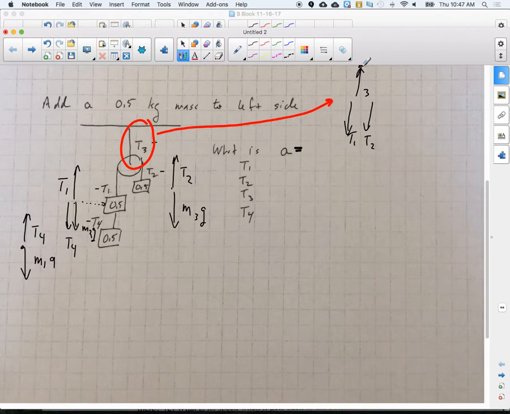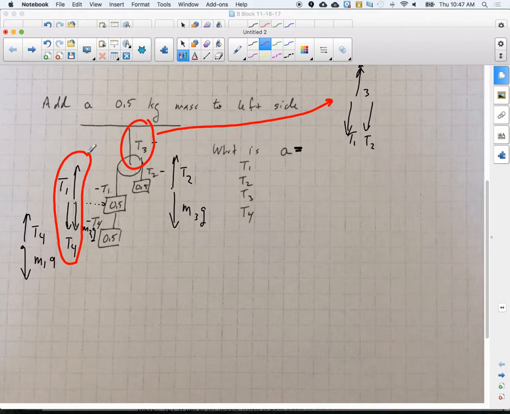One mind, the half step. Yep. Question. Sure. Does T1 include the force of T4? So this is just a free body diagram, right? To answer your question, I'm going to use everything in here to write my Newton's second law equation for that particular piece.